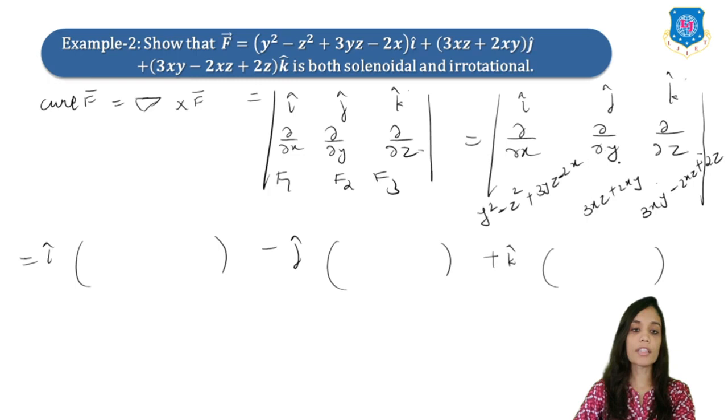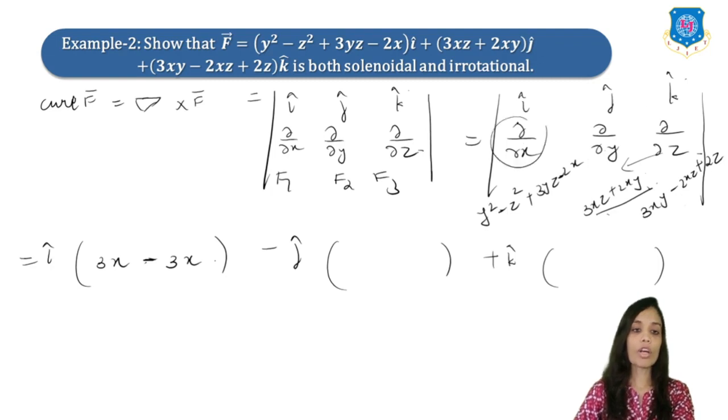Now we just have to solve the determinant. So now we have to find the partial derivative of this with respect to y. The answer will be 3x. Now, the partial derivative with respect to z: the answer will be minus 3x. Similarly, let us solve from here.